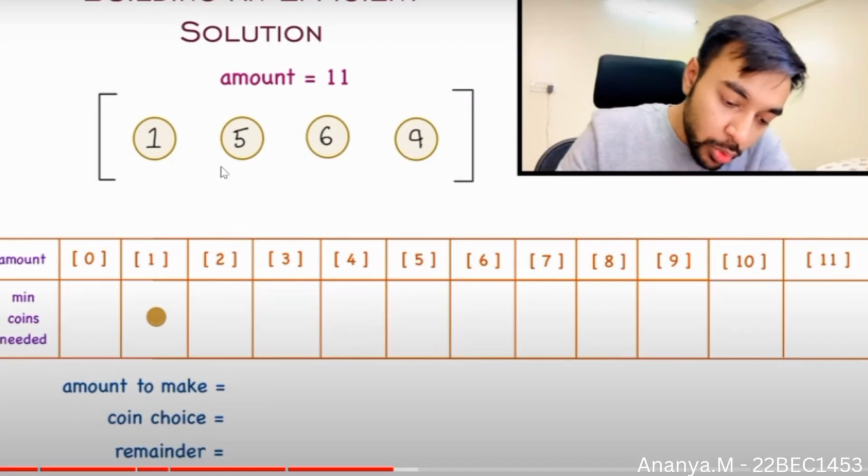As I mentioned before, if we take the amount 2, we can only use the coin 1, not 5, 6, and 9 because they're greater than 2. So the coin element j should be lesser than or equal to i, which is any of these amounts.